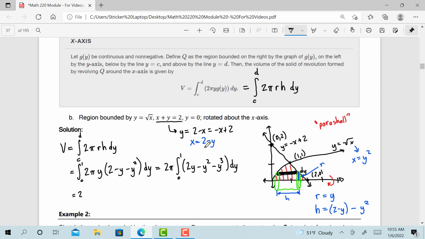So we get 2 pi times y squared minus 1/3 y cubed minus 1/4 y to the 4th. Evaluate from 0 to 1, and we get 5 pi over 6. And so that is the second example there, or part B of example 1 for the shell method.